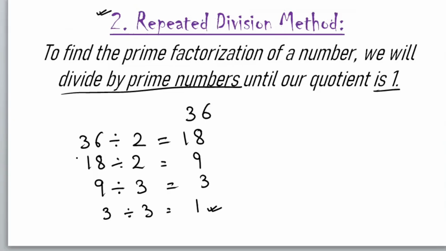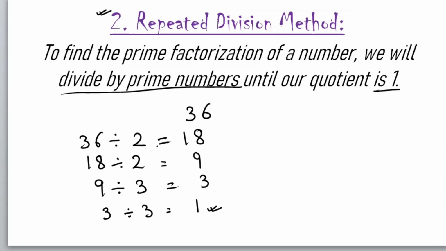First, what we did, we divided 36 by 2. Then we got 18. Then we divided 18 by another prime number, that is 2. Then we get 9. Then 9 divided by 3. Then we get 3. Then 3 divided by 3, we get 1. Then we have to stop here.